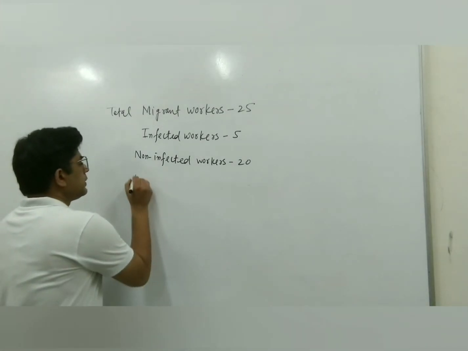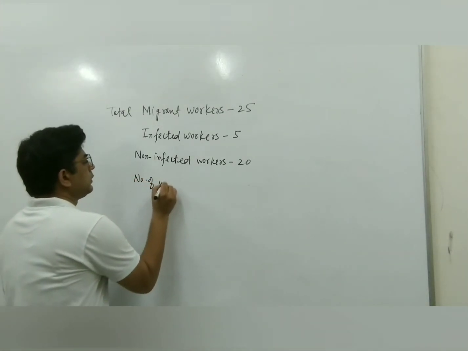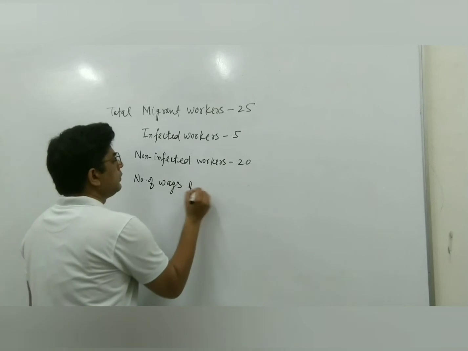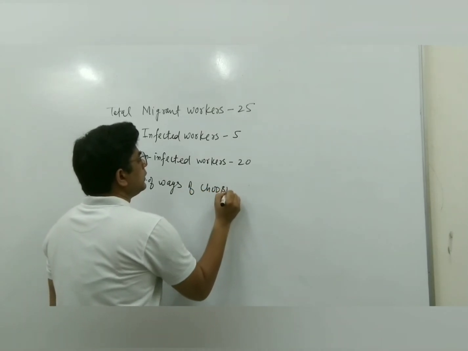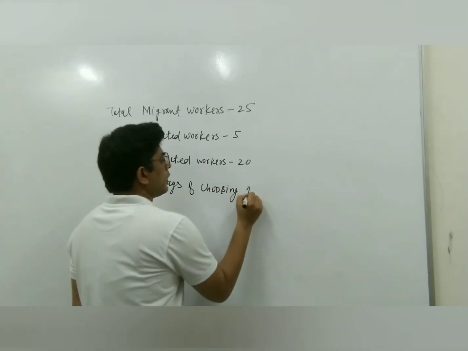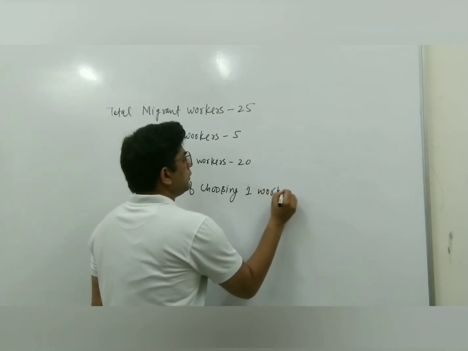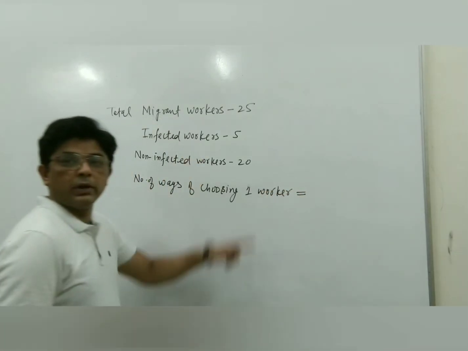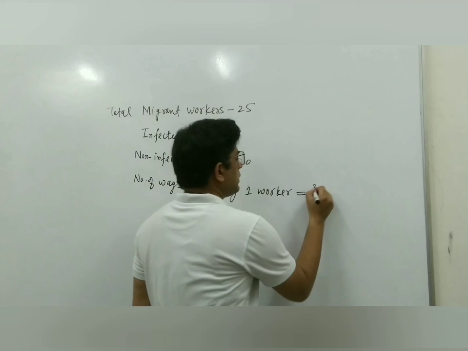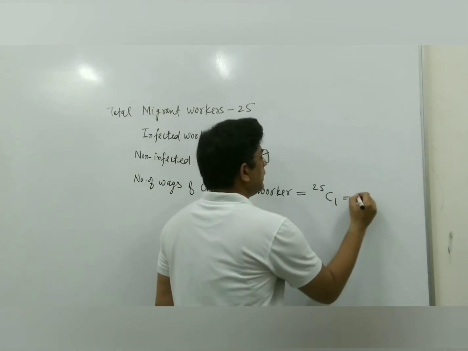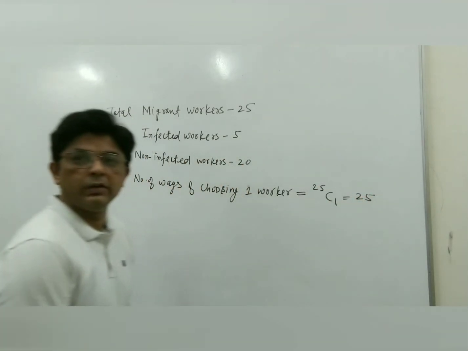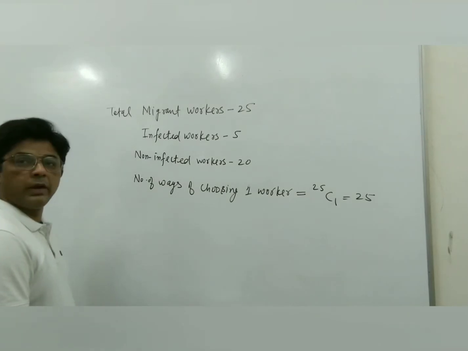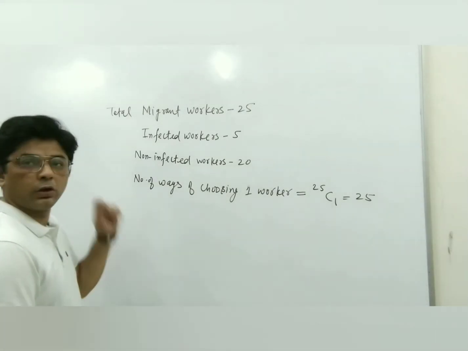So the number of ways of choosing one worker out of 25 workers is 25C1, that is equal to 25. Now we have to choose one worker who should be non-infected.